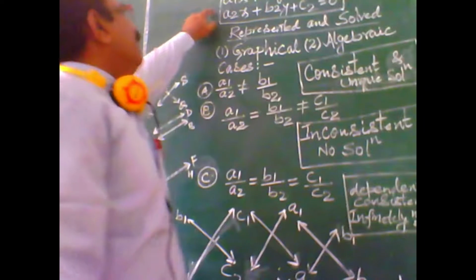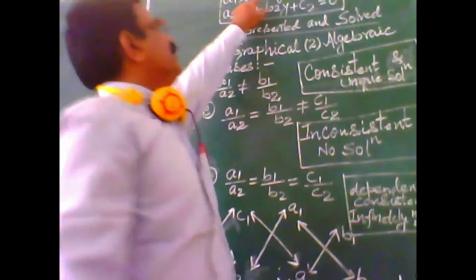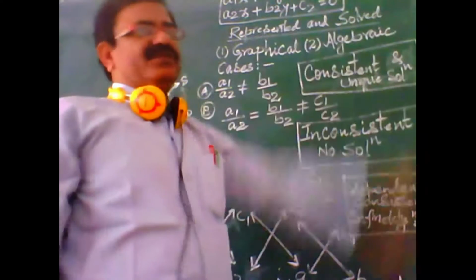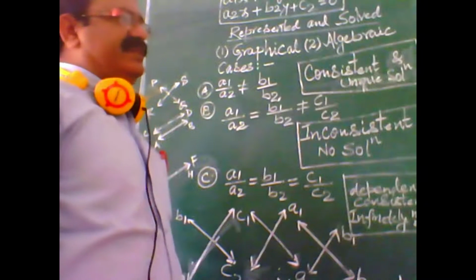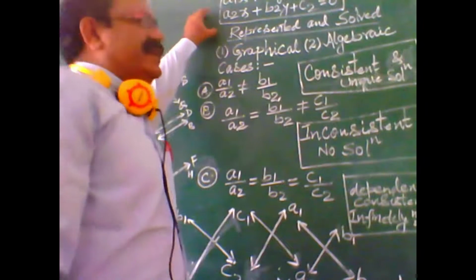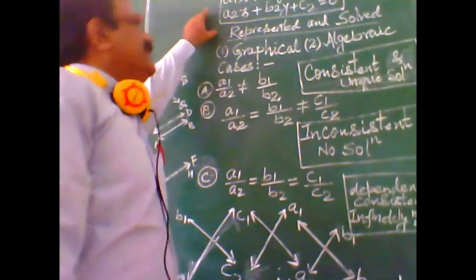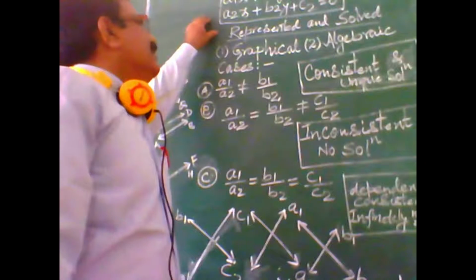So a1 and a2 are the coefficients of x, b1 and b2 are the coefficients of y, and c1 and c2 are the constant terms.